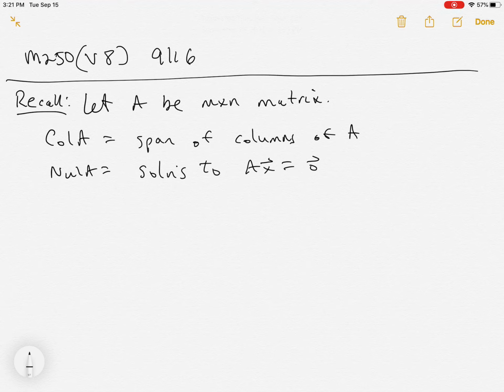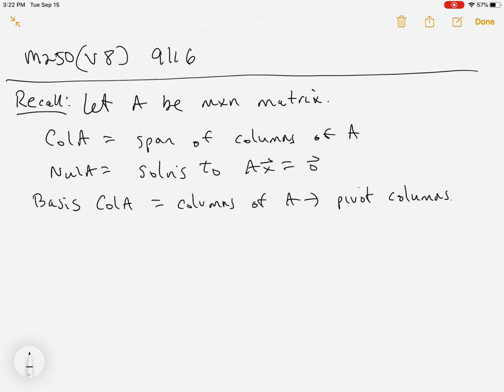Okay. And then we also showed, and this is more important, that when you find the basis for the column space of A, these are just the columns of A that correspond to pivot columns. So to find the basis for the column space of A, you row reduce, you look at the pivot columns, and the pivot columns from A, the original matrix, give you the basis for the space.